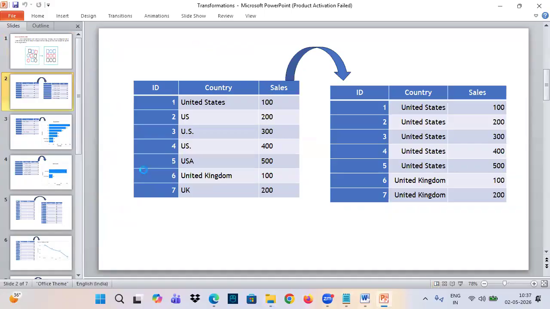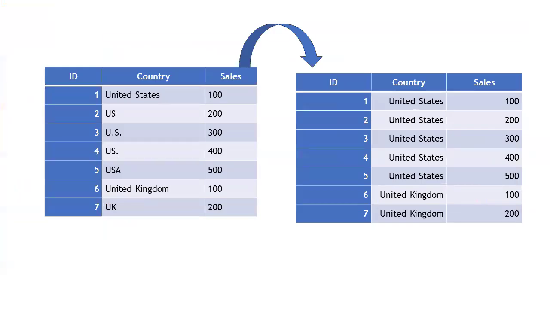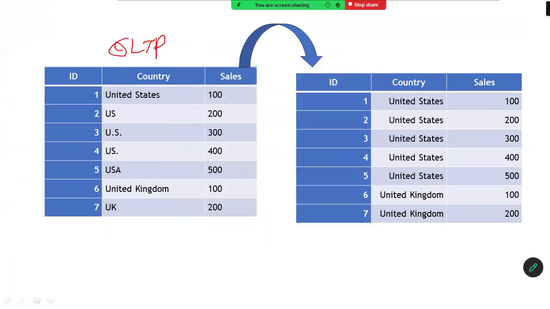Look at this slide. In this slide, the first table is OLTP. The first table shows how the data will be in the OLTP. This is how the data will generally be in the OLTP, and this is how the data will be in the OLAP.